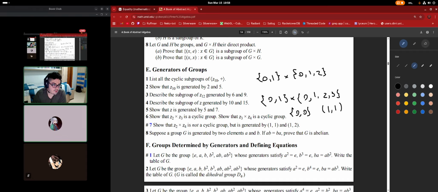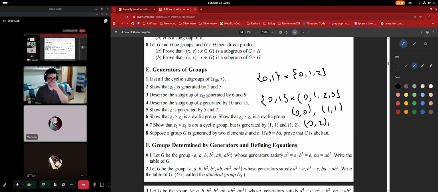Then you just keep doing it and note which pairs you get. So we have 0, 0, the starting point, and 1, 1, the generator we picked. But the next element after that is actually 0, 2, because 1 plus 1 is 2, but this is mod 2, so that's equal to 0, you see?